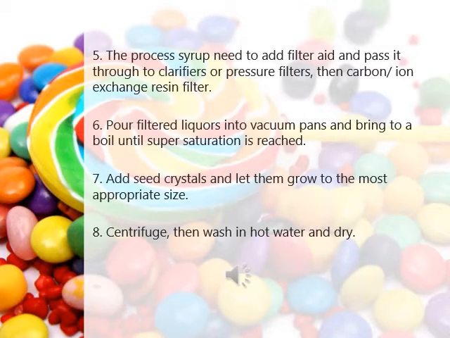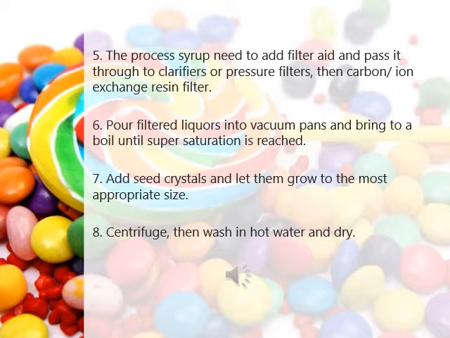The processed syrup needs to have filtrate added and pass through clarifiers or pressure filters, then a carbon ion exchange resin filter. Then pour the filtered liquid into a vacuum pan and bring to a boil until supersaturation is reached. Add seed crystals and let them grow to the most appropriate size.